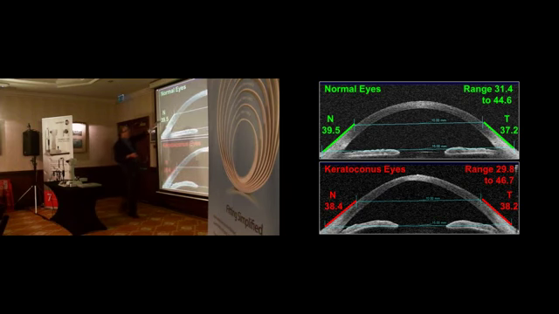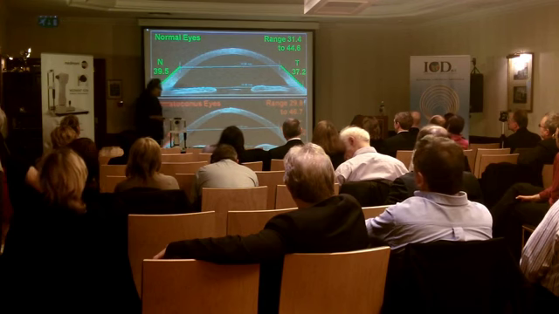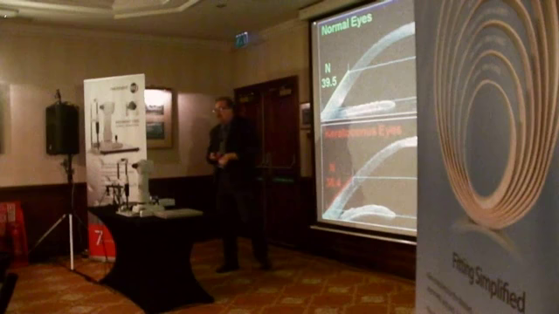When we measured the non-keratoconus eyes, the average angle was 38 degrees. 39 on this side, 37 on that side. When we measured the keratoconus eyes, the angles were 38 and 38.